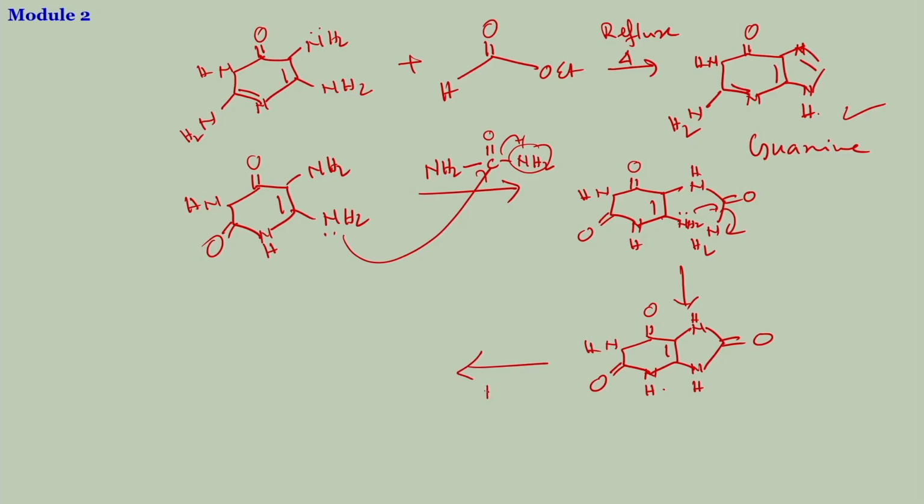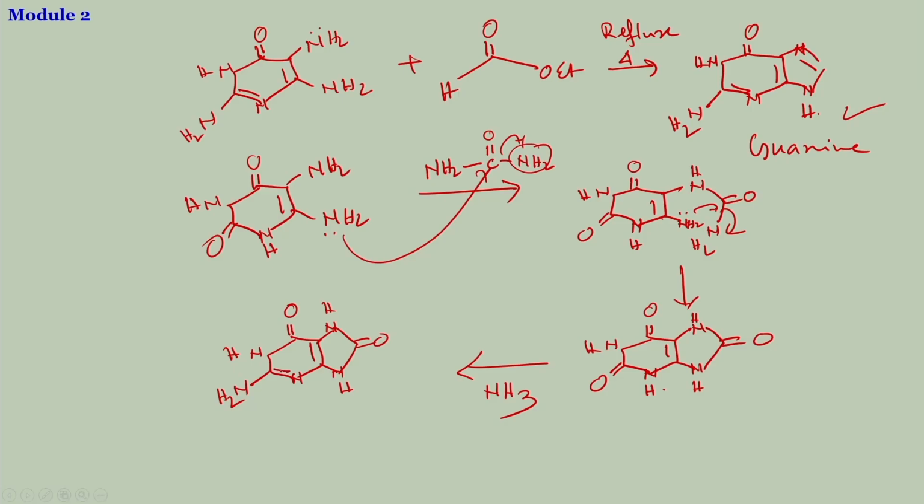If you treat this with ammonia, then this carbon will get aminated actually. It's quite easy reaction. I'll tell you why we are doing this. Then this would become amine, and this would be double bond here.